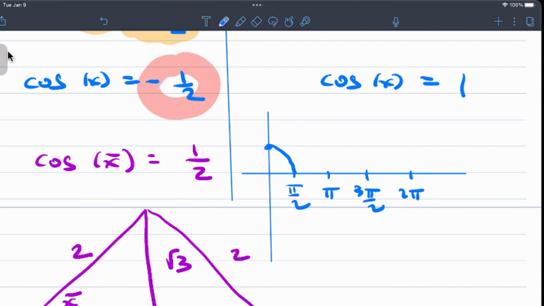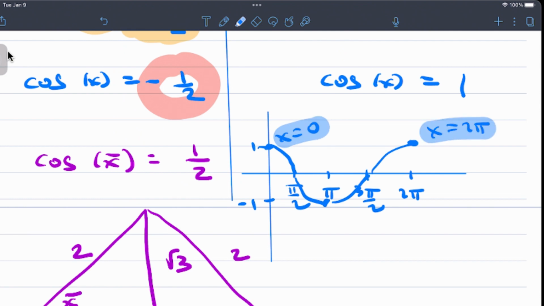I think it's down here. That happens when x is 0 and x is 2 pi. Is that true? 1. Negative 1. Okay. So this is where cosine is 1.